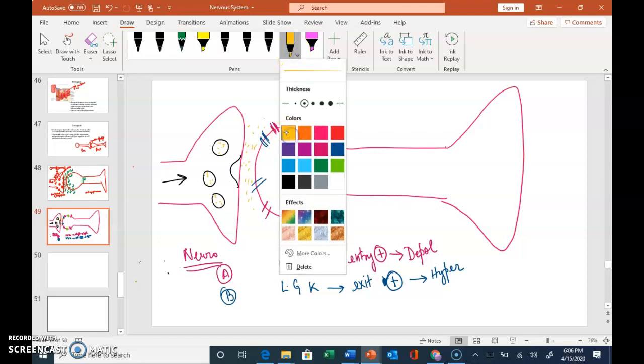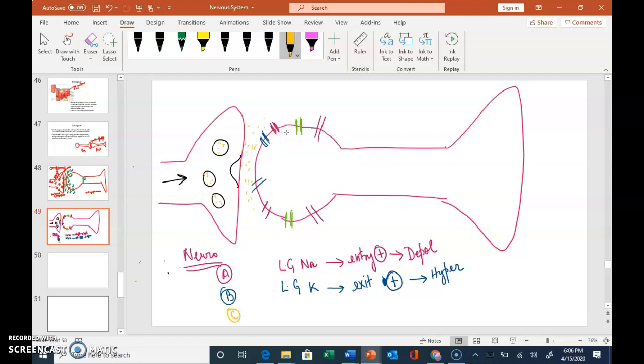We can have another neurotransmitter C that might cause the ligand-gated calcium channels to open, and when that happens, we have entry of calcium into the cell, meaning we have positive charge coming in, and that will cause the cell to depolarize.